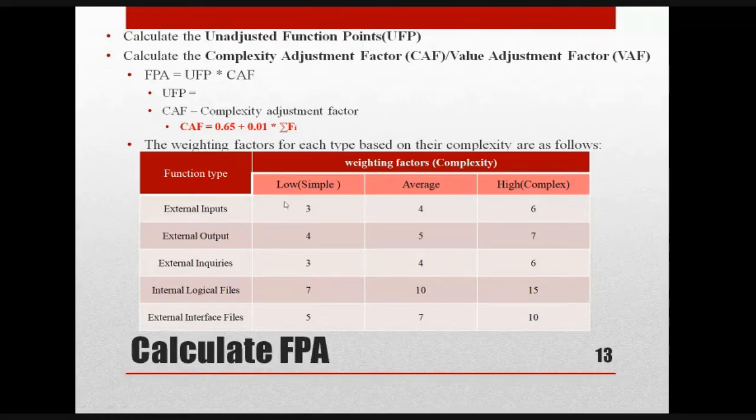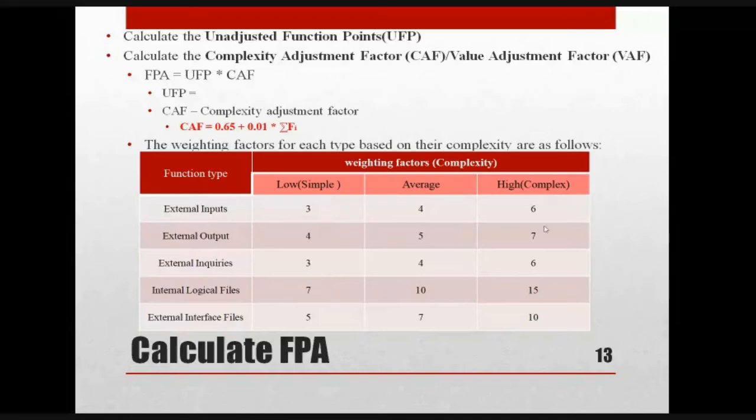If the complexity is low, the weighting factor is 3. If the complexity of the external input is average, then it is 4. Likewise, if it is high, it is 6. For external inputs, these are the weighting factors, based on the complexity.